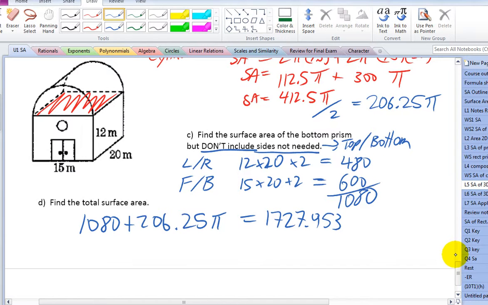Okay. Let's round to the nearest tenth. So what's our answer if we round to the nearest tenth? Round the 9 up to a 10, and this becomes 1728, and that'll be meters squared. Okay, so nearest tenth, got to round properly.